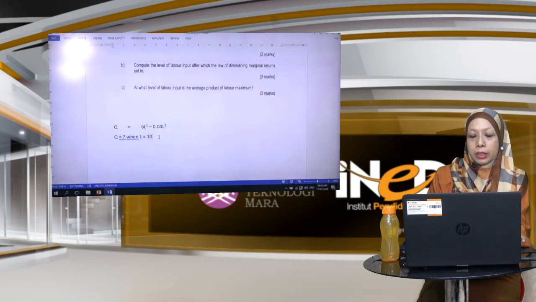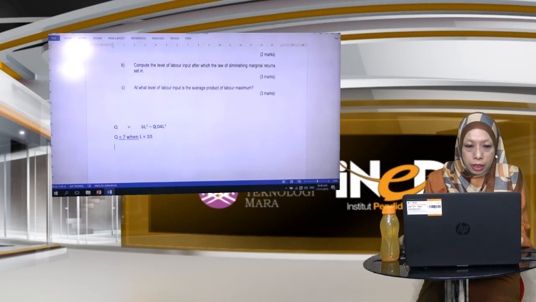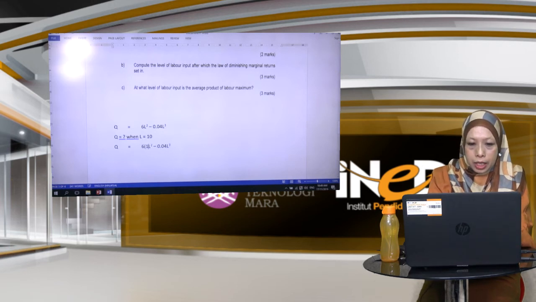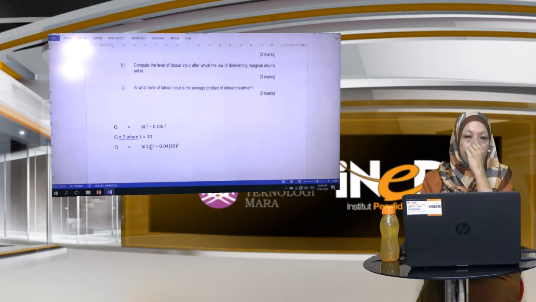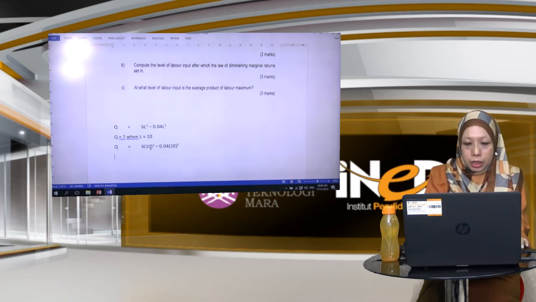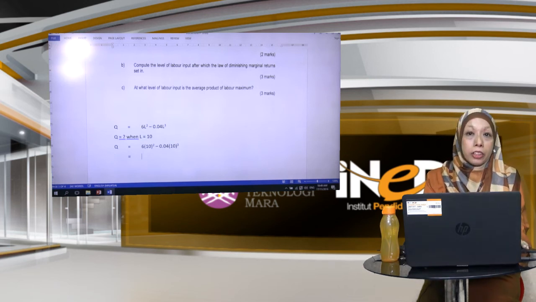To do that, substitute L into this equation. Take this equation and replace L by 10. Just plug all these values into the calculator. What would be the value of Q that you're going to get?